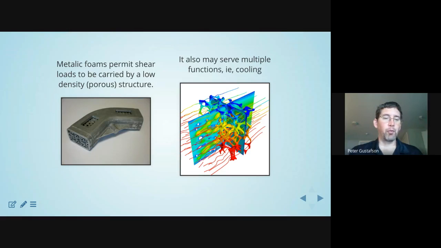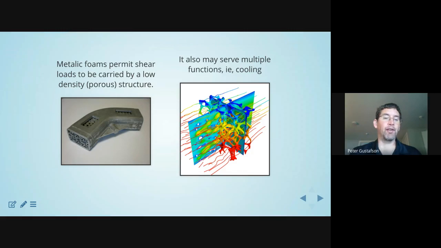It's worth noting that we can now at this point manufacture metallic foam. That's quite an interesting advancement of the last, say, decade and a half. You can see in the image on the left a low density porous metallic structure on the interior, which prevents this particular tubular structure from being crushed.